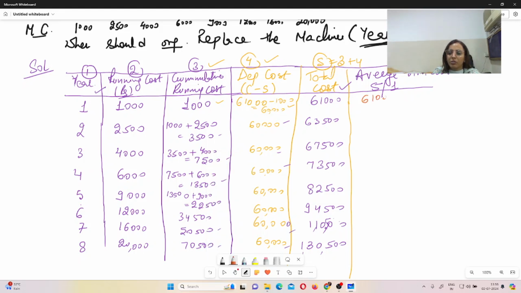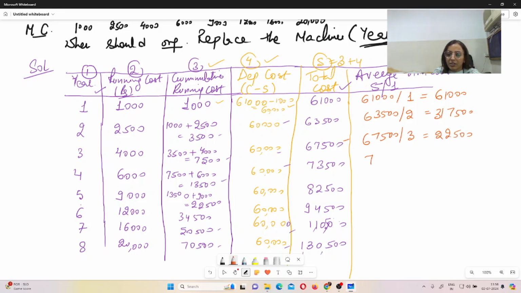So 61,000 divided by 1 for the first year is 61,000. In the second year, 63,500 divided by 2 is 31,750. In the third year, 67,500 divided by 3 is 22,500.